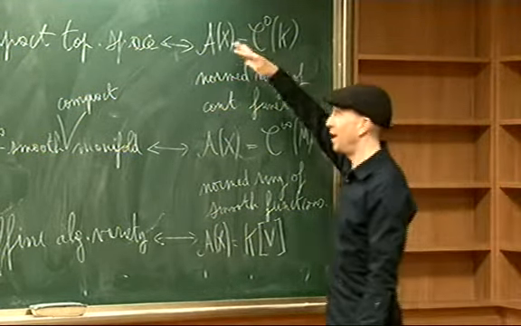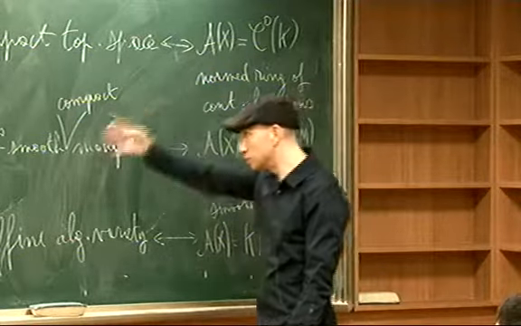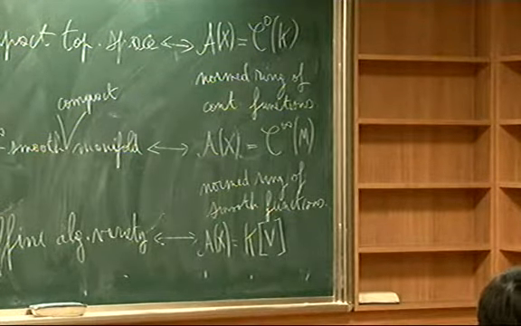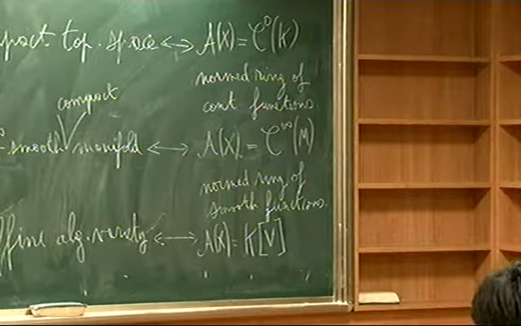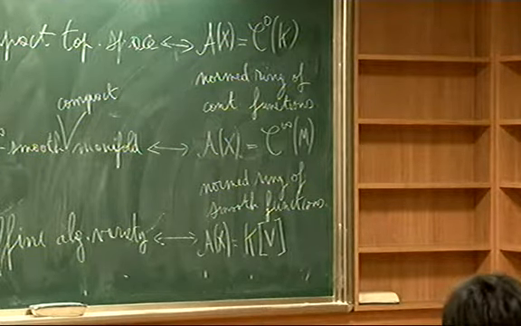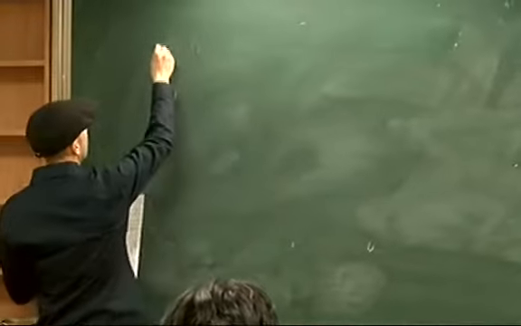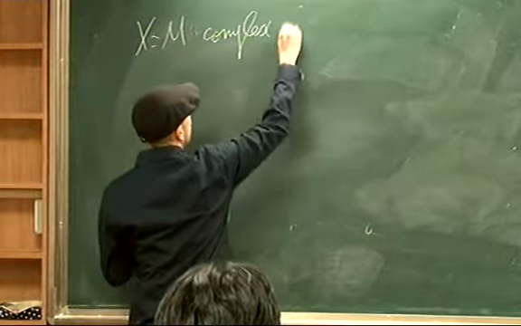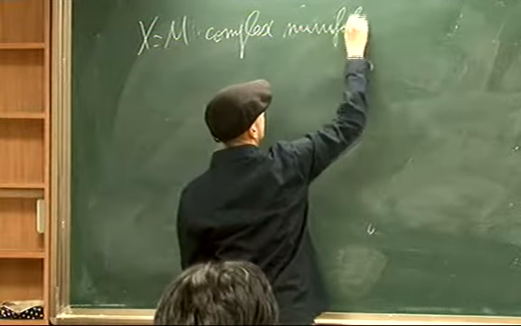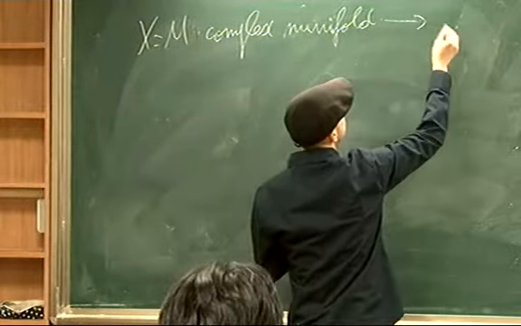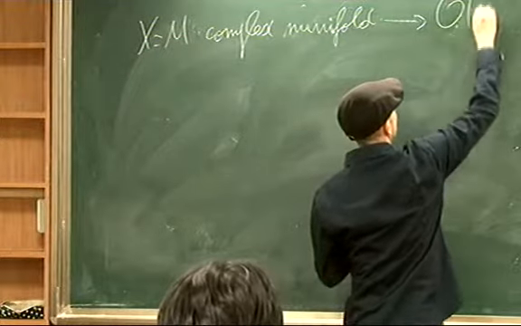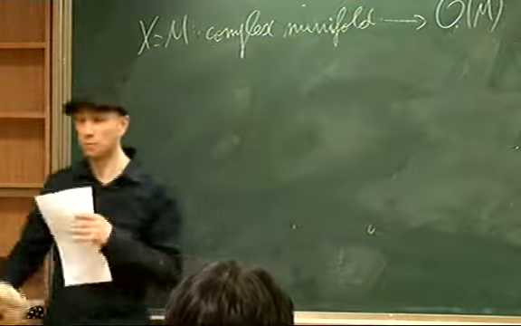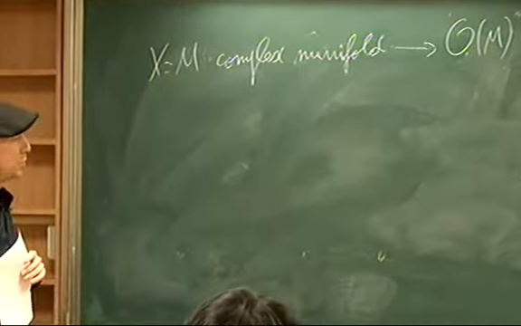Okay, so I want to ask a similar question for complex manifolds. You can already guess what the answer is. When X is a complex manifold, the algebra we associate is the algebra of global holomorphic functions.